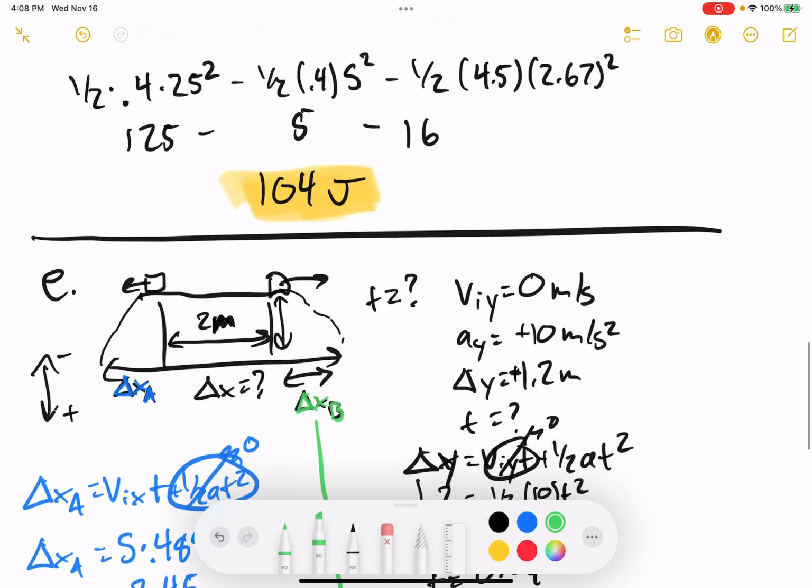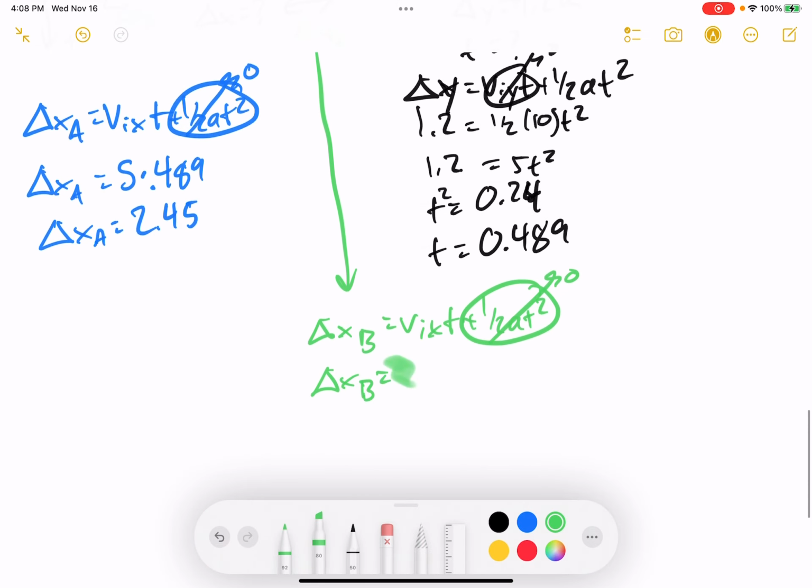Okay, so 2.67. Sorry about that. 2.67 times the same amount of time, 0.489, and we get delta x B equals 1.3.